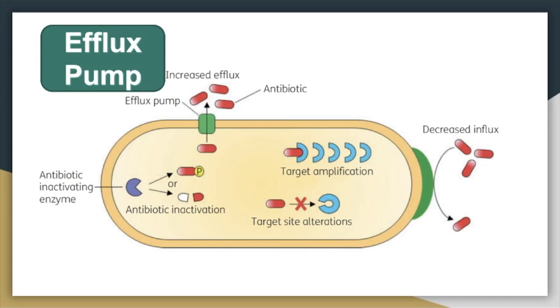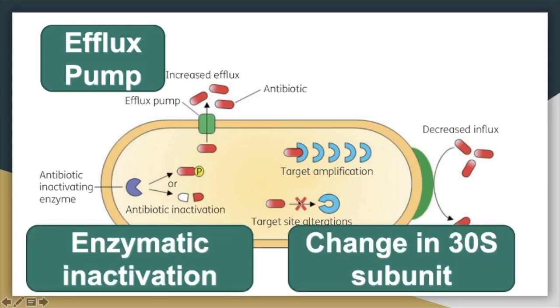The next way is that the bacteria creates enzymes that break down the antibiotic, like acetyltransferases, which is just one example of an enzyme that can do that. Lastly, there's a change in the conformation of the 30S subunit. So basically, the antibiotic cannot recognize its site of action and thus becomes ineffective.